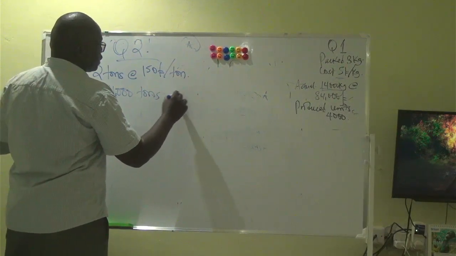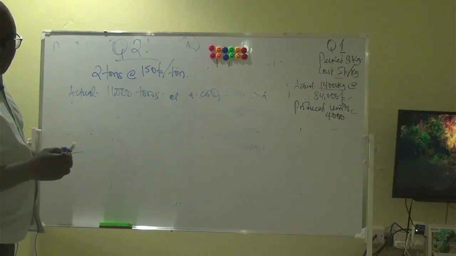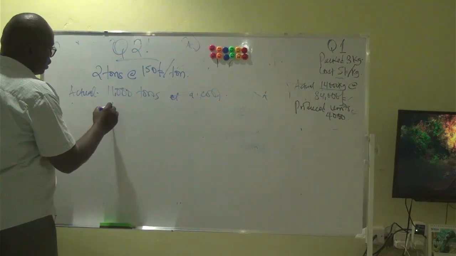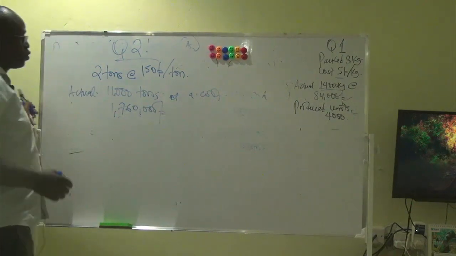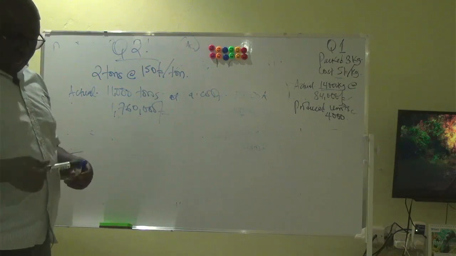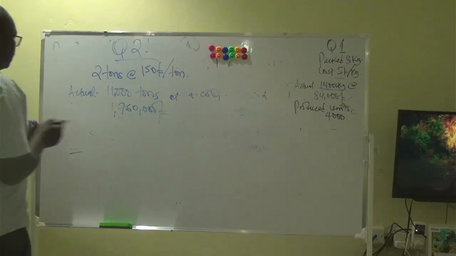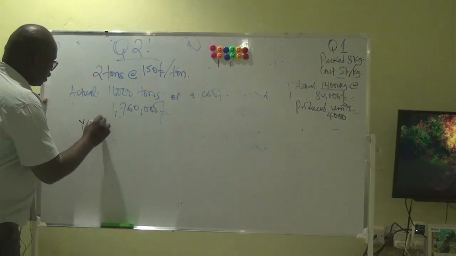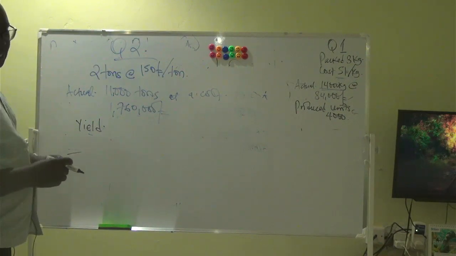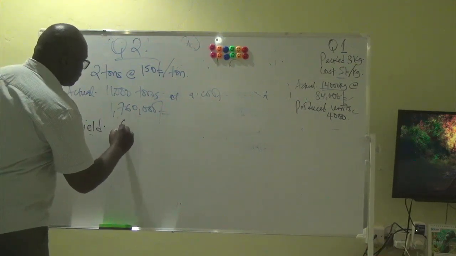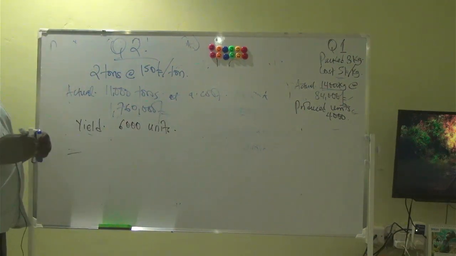These were used at a cost of 1,760,000, and it yielded 6,000 units.